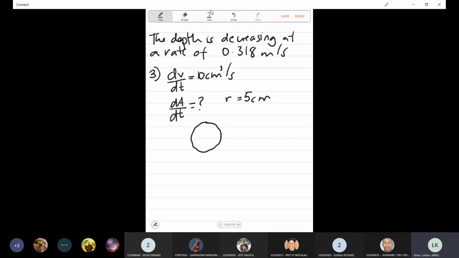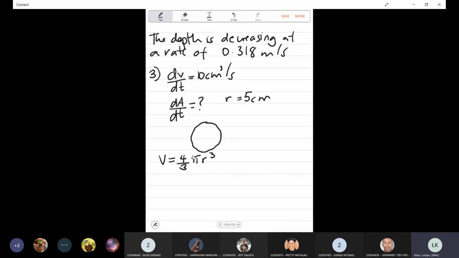That is what we're looking for. So here, again, we come up with our formulas. The volume of a sphere is 4/3 pi r cubed. You can see in this formula there's no A, so we will need another formula to work out dA/dt.